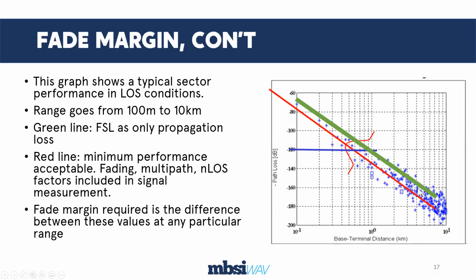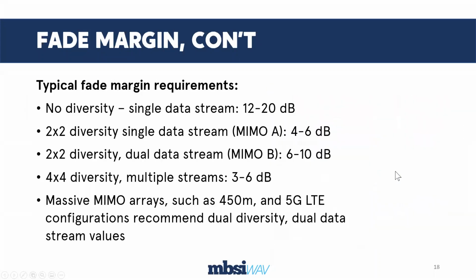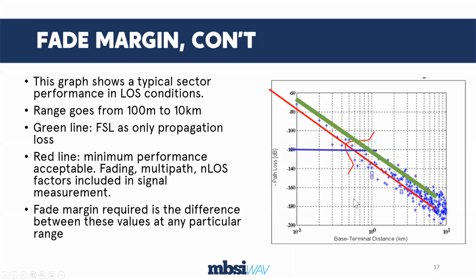At a particular distance, let's say 2 kilometers, the range from the minimum to the maximum signal level is actually quite large. I need to be able to compensate for that. This is another expression of fade margin, another way to look at it.